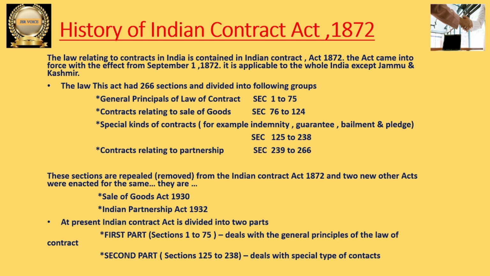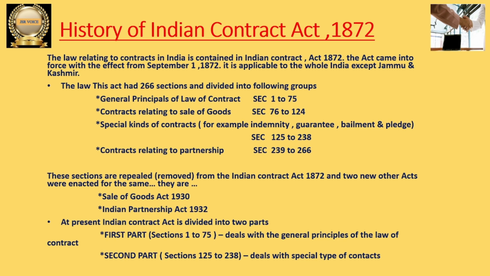The next one is Contracts Relating to Sale of Goods, and sections 76 to 124 are related to it. Sections 1 to 75 are related to General Principles of Law of Contract, and sections 76 to 124 are related to contracts relating to sale of goods.